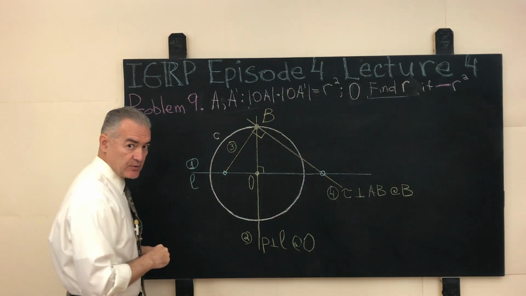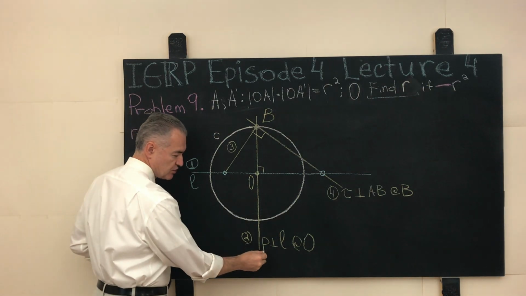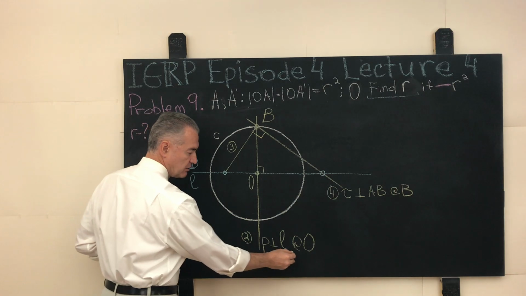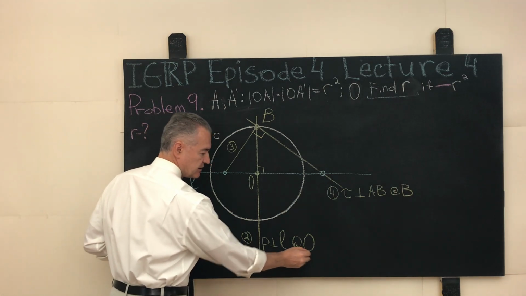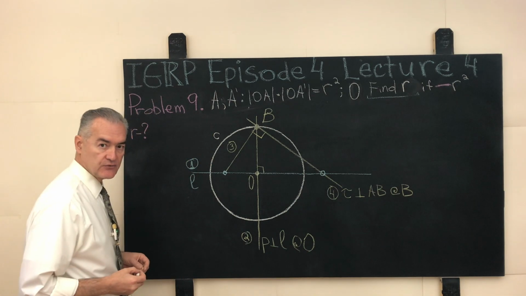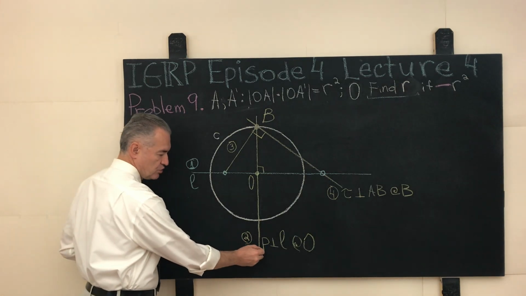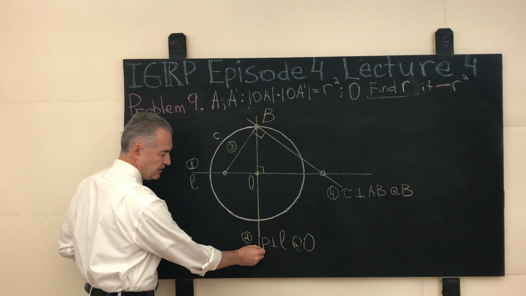The second step was to construct the perpendicular straight line P that is perpendicular to L at the center of inversion. And that line number 2 is shown here on the board in yellow.